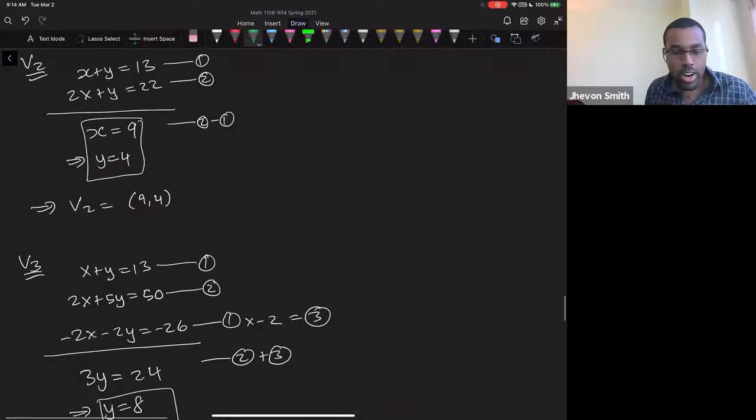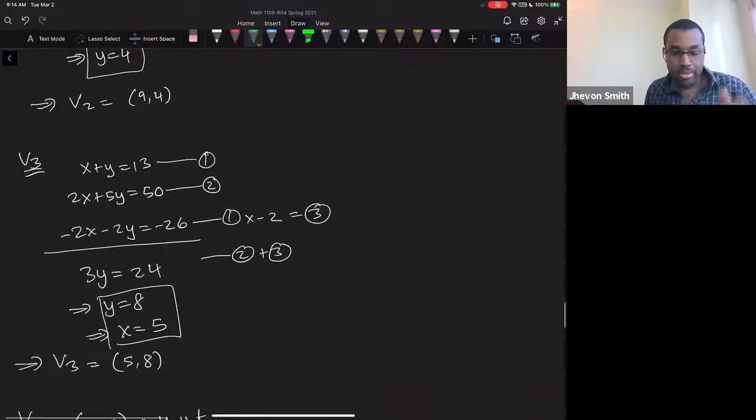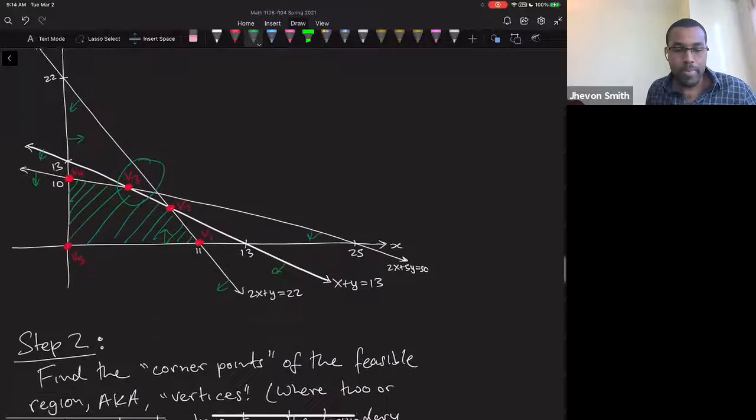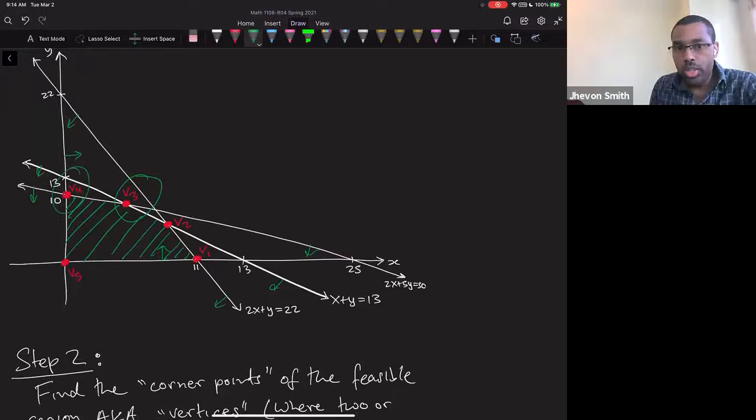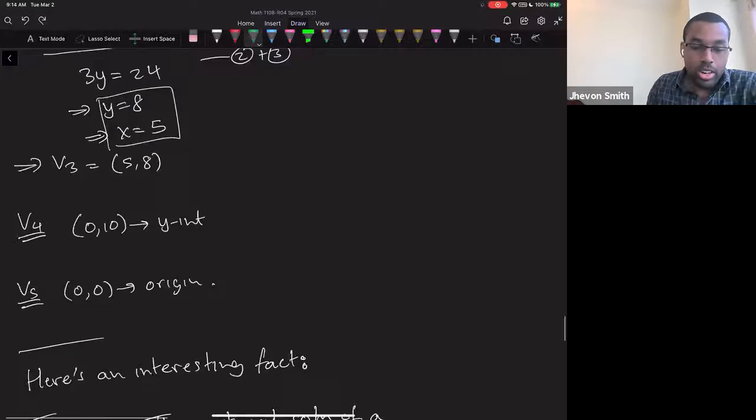So really, whatever X is representing, you should have 5 of those X's and 8 of those Y's, right? So that's a possibility. However, if both V3 and V4 are solutions, then everything along the edge in between them, everything on that line is also a solution, every point on that line, right?